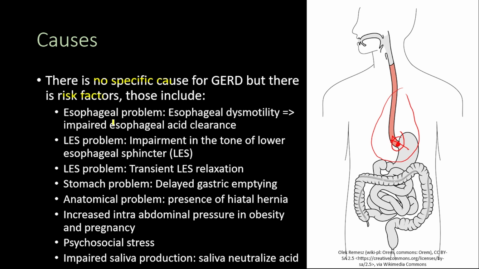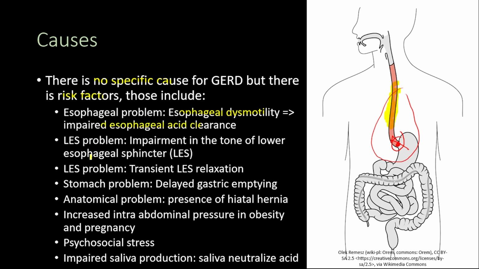Now back to the risk factors. So we have risk factors related to the esophagus. Those include esophageal dysmotility, and this means that there is a problem in the peristalsis movement of the esophagus, leading to impaired esophageal acid clearance.